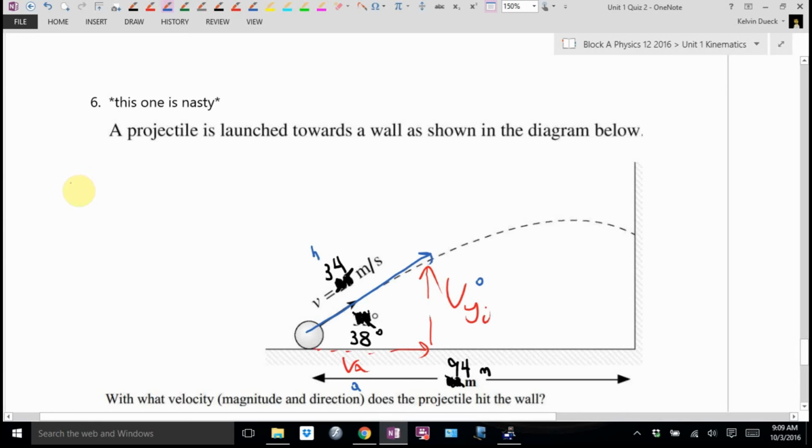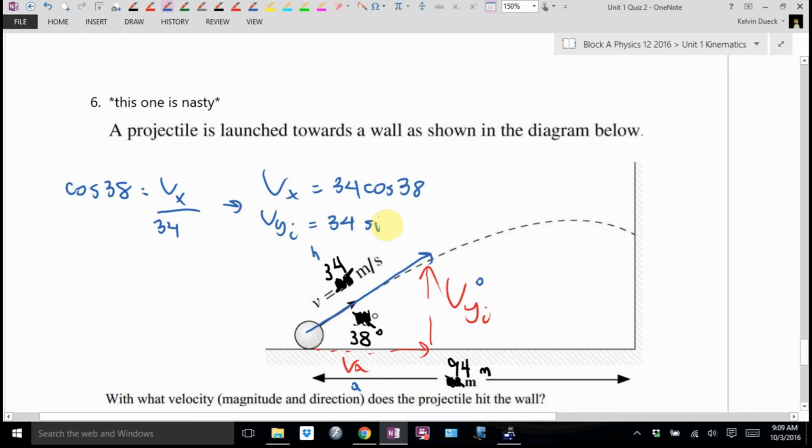We're going to get cos 38 equals Vx over 34. So Vx is going to be 34 cos 38. And I think Vy is going to be 34 sine 38.